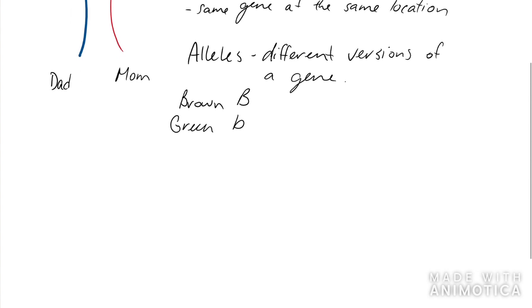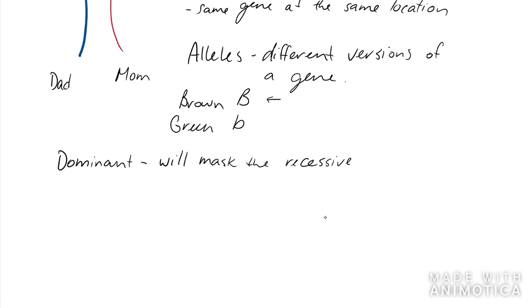So we have two different alleles, and like I said, one is more prevalent than the other, which generally means that it's more dominant. And that means it'll mask the recessive gene, which means if it is present, it is the thing that's shown.